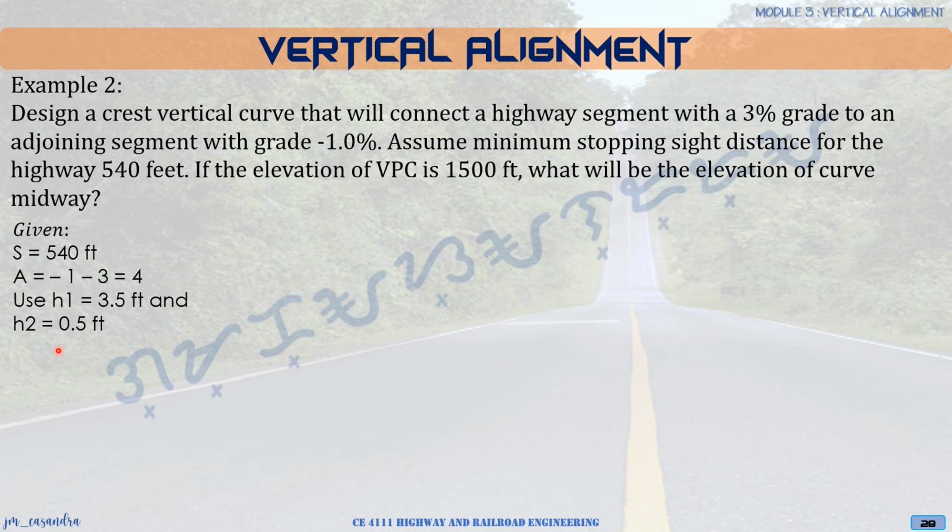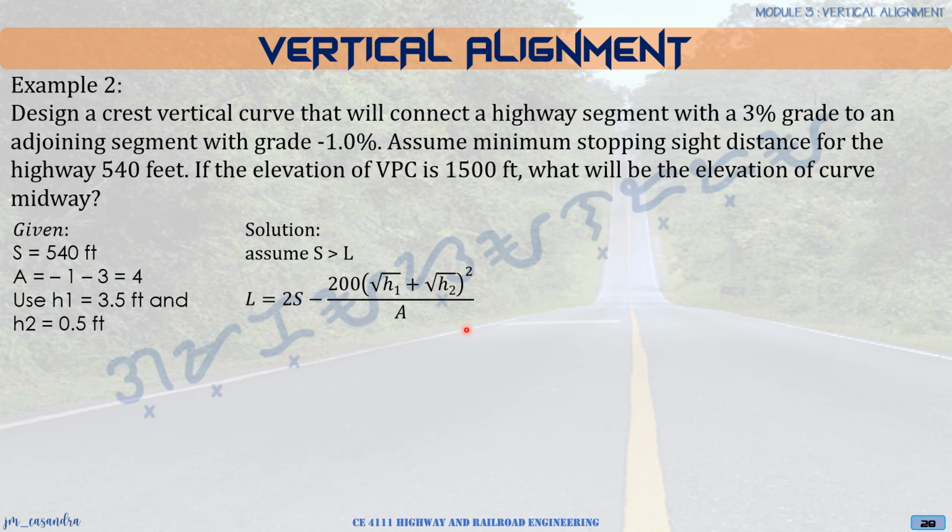Again, these values came from AASHTO 2011. So for our solution, assume first S is greater than L. So using now our general equation, 2S minus 200 divided by A times the quantity square root of H1 plus square root of H2 squared.